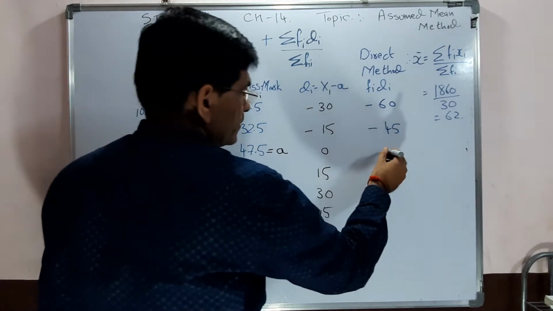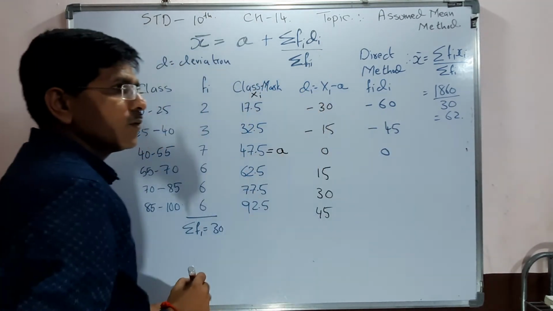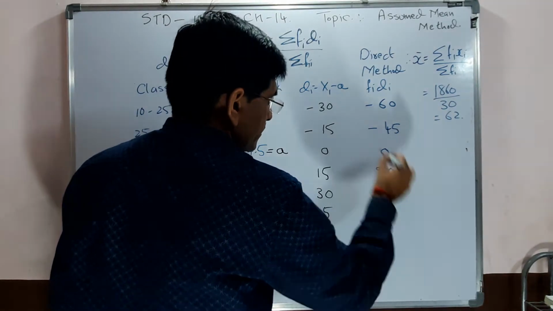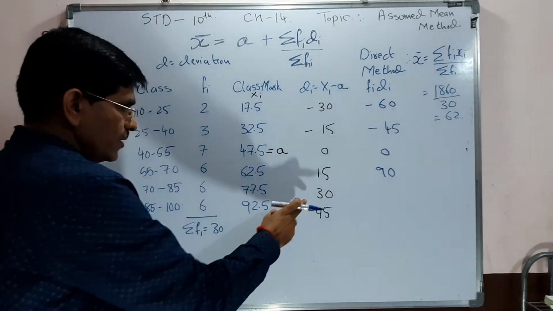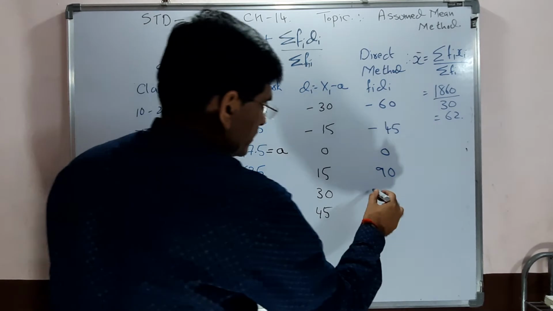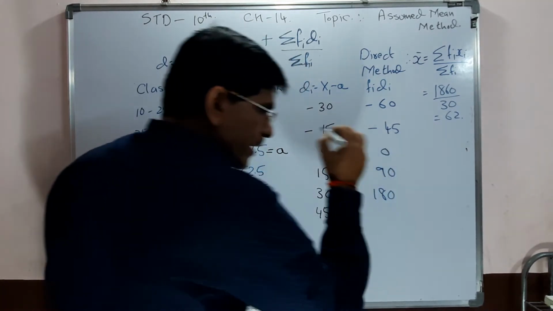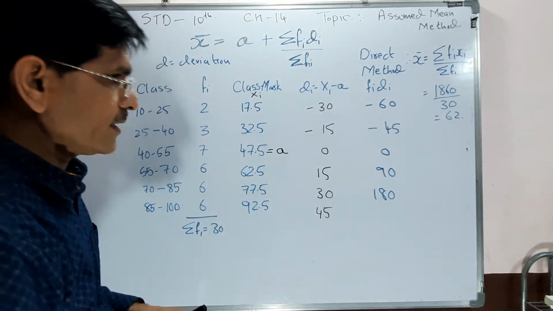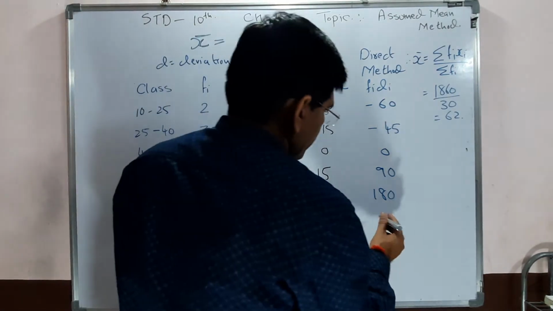Here it is 0. 6 into 15, that is 90. 30 into 6, that is 180. 45 into 6, that is 270.